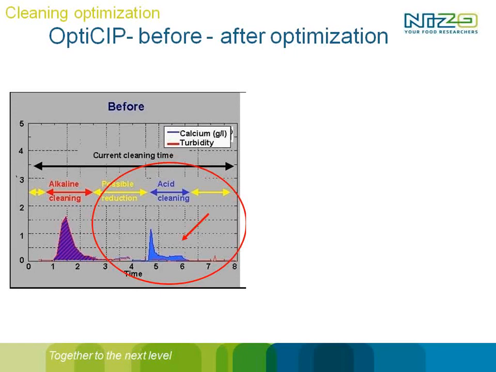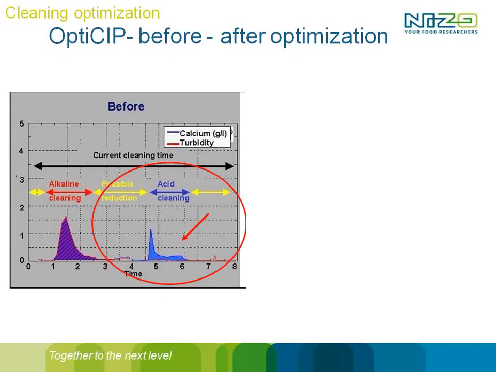And what you see is two peaks, from 1 to approximately 2.5 hour time units. We see a peak of the turbidity, which is an indication that we have a lot of organic fouling removed over there. And from 4.5 to, well, 6.5 time units, you have the peak of calcium, which is actually showing that a lot of inorganic fouling is removed over there.